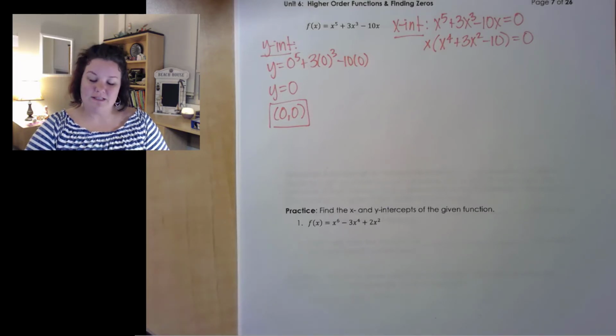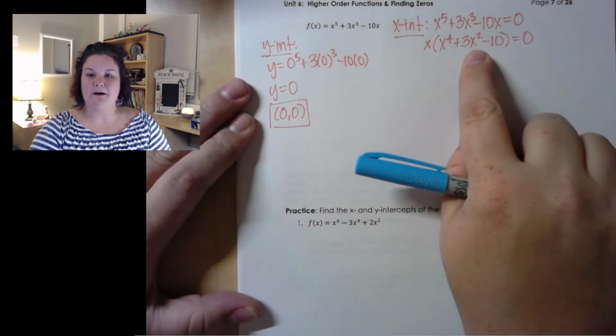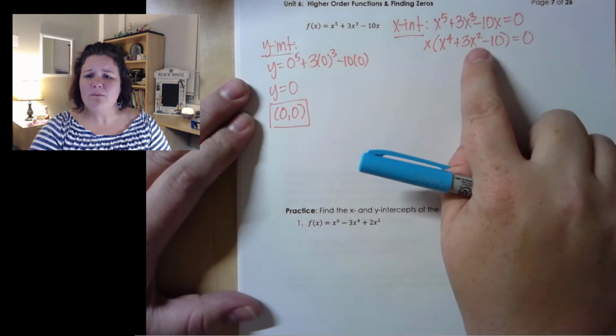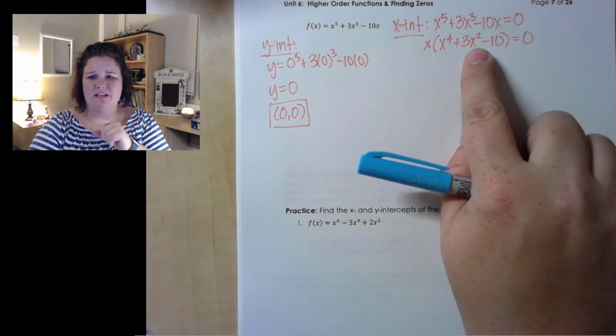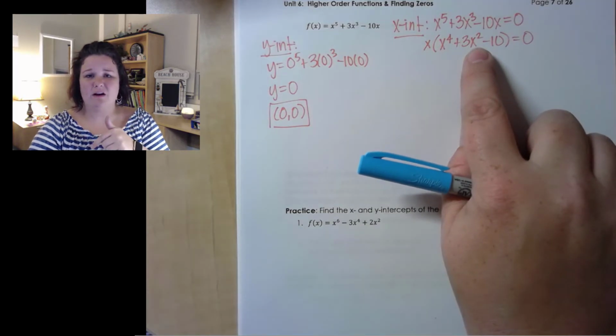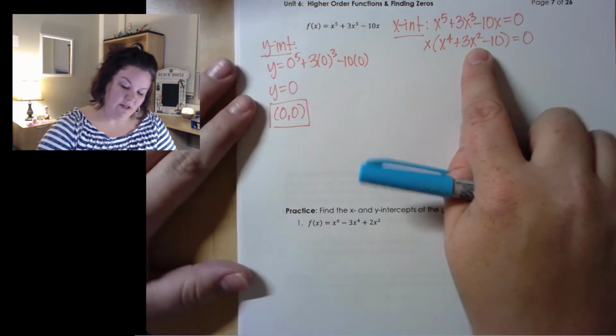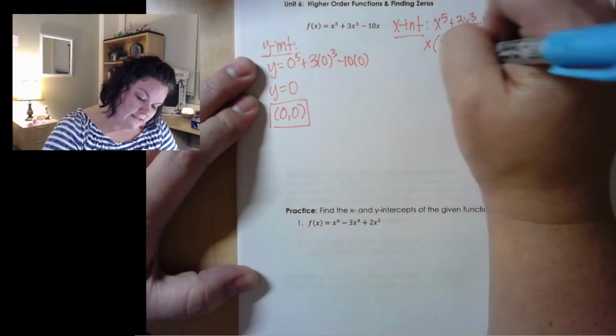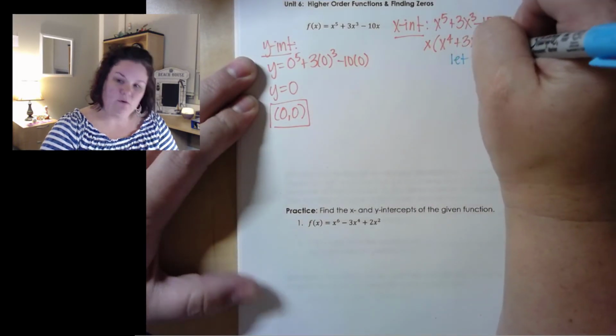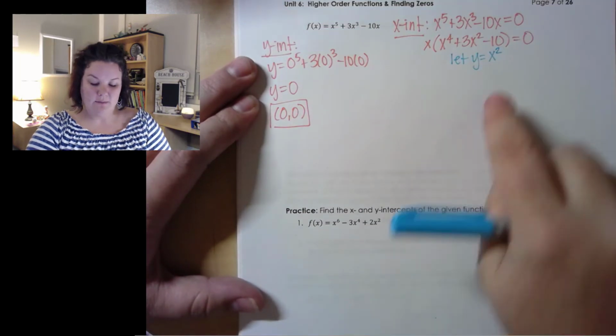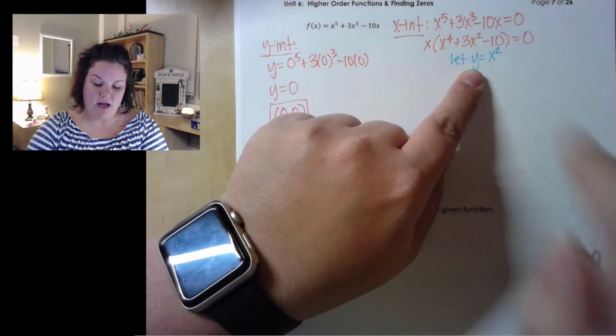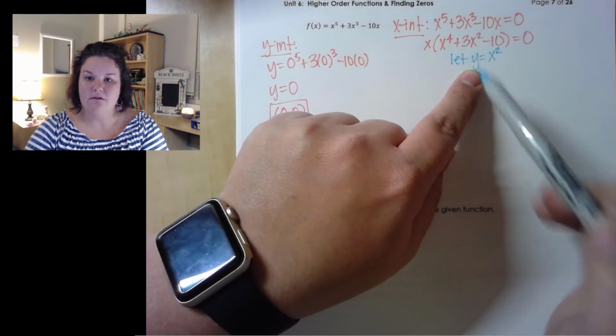So what I want to do is write this as a variable that's just to the 1st power. So I just want to replace that x squared with a different letter. So let's let y equal x squared. Because if y is equal to x squared, I could write this as 3y, right?